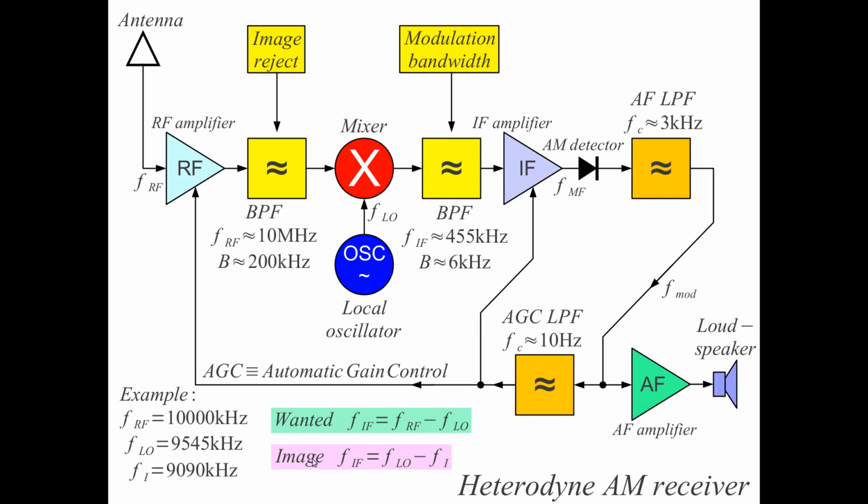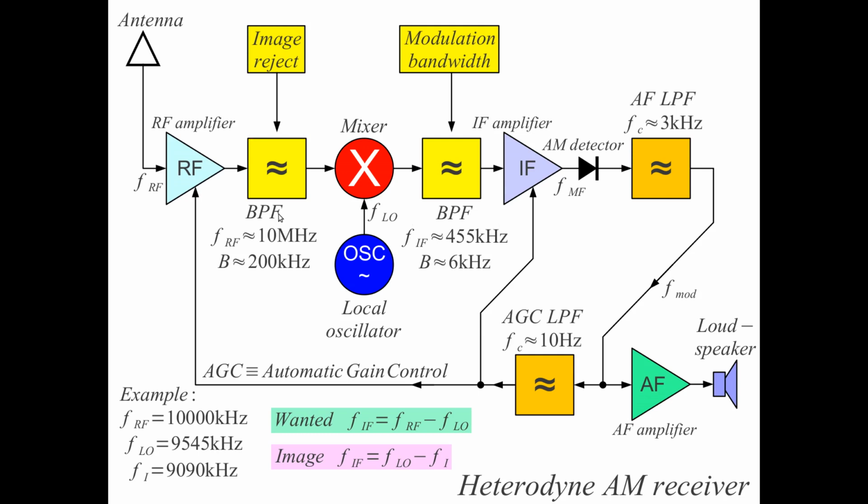There are several possible ways to remove the image. One way is to simply filter it out with a suitable bandpass filter that is unrelated to the signal bandwidth, but is only related to the distance of the image frequency. So here we see that the choice of the intermediate frequency is not completely free.